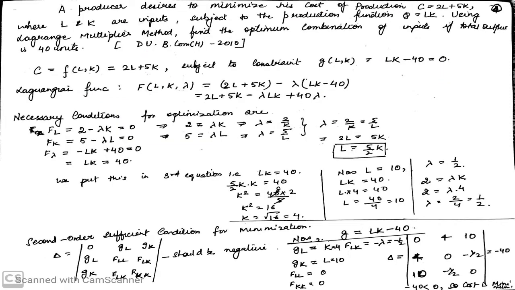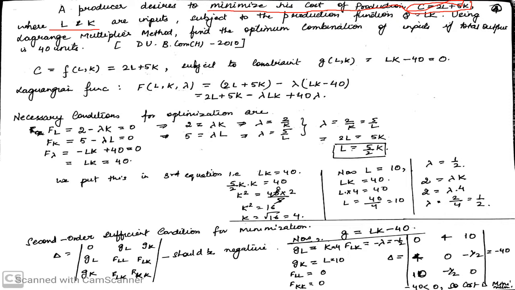This is our next question. A producer desires to minimize his cost of production. What is the function given to us? C is equal to 2L plus 5K, where L and K are labor and capital inputs.